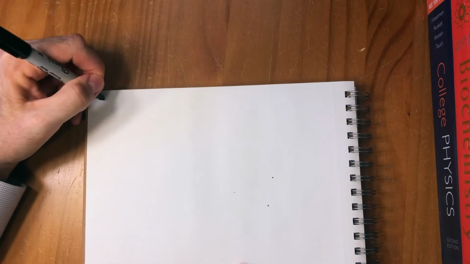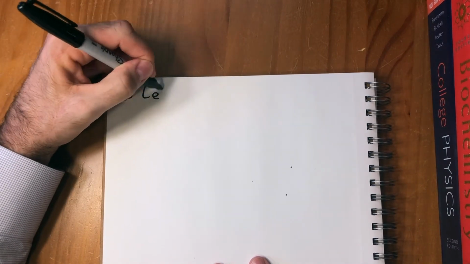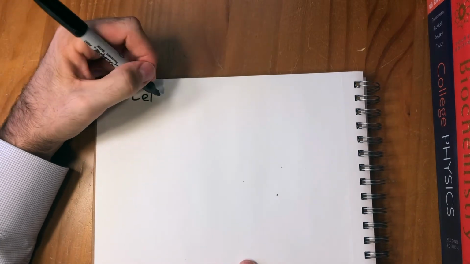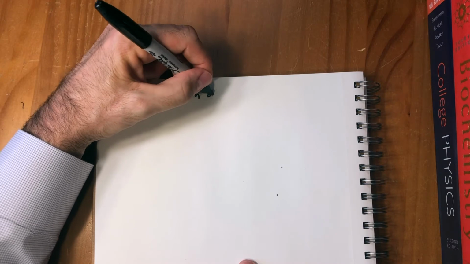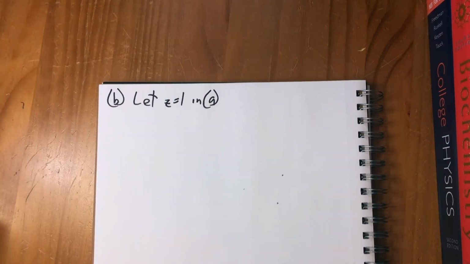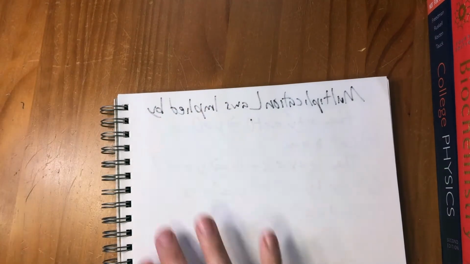So for B, if we let z equal 1 in A, oh, actually, I'm going to take this sheet again so we can look at it.